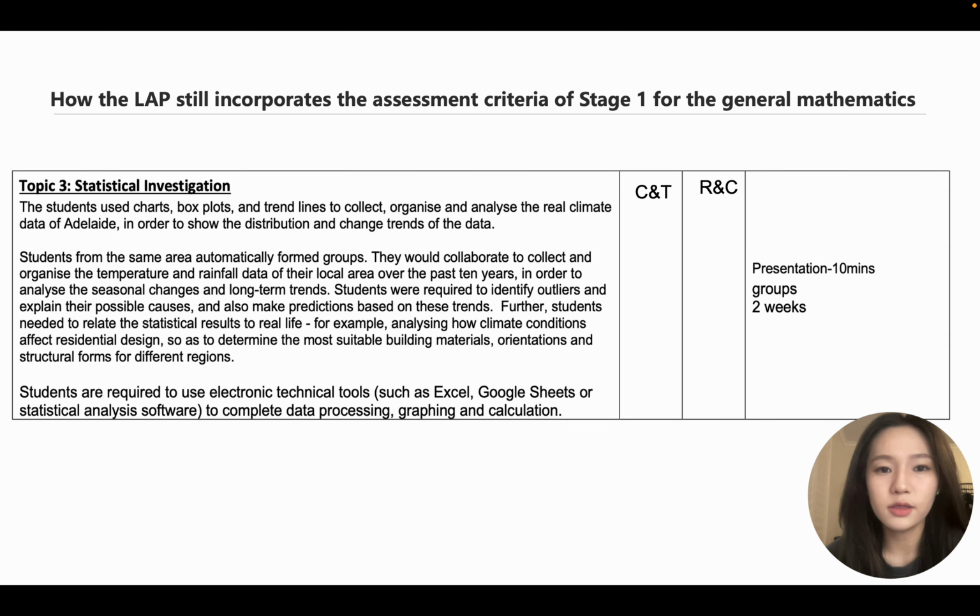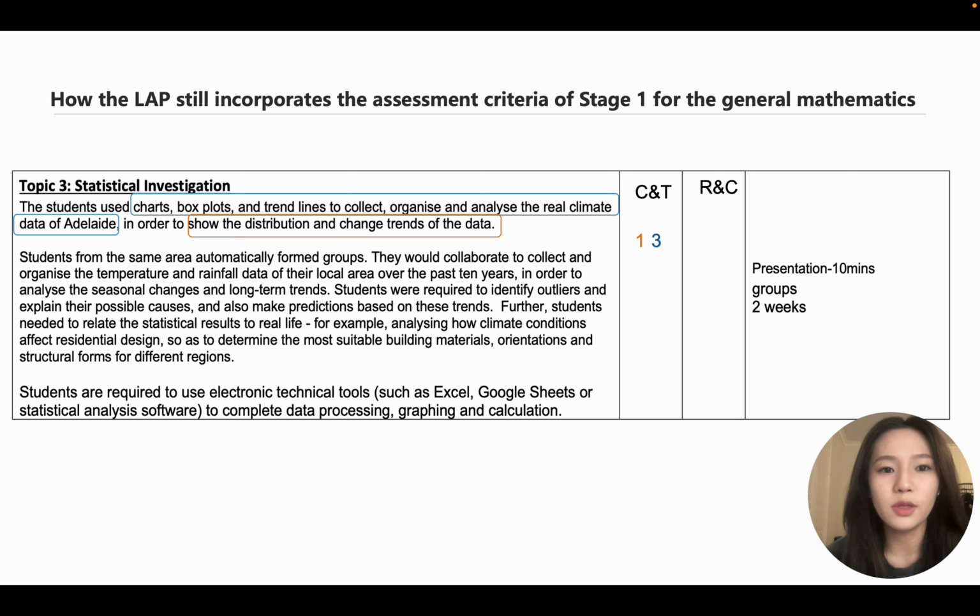Topic 3 is a group investigation of real climate data. Students create box plots, trend lines, and summary statistics, and present their findings in a 10 minute group presentation. CT1 is shown through statistical concepts that let students know the relationship between the data and the distribution.